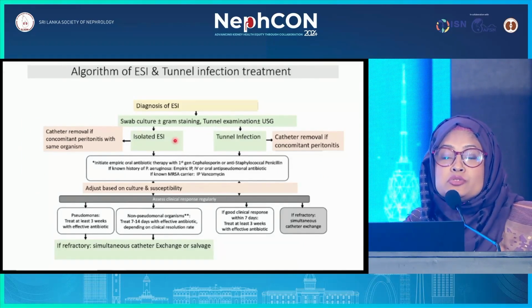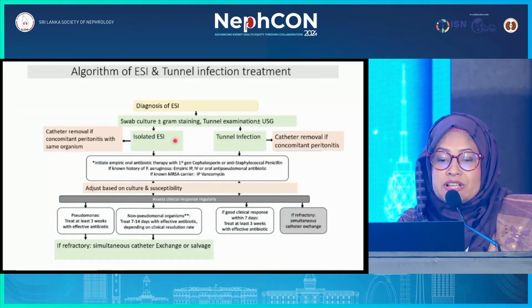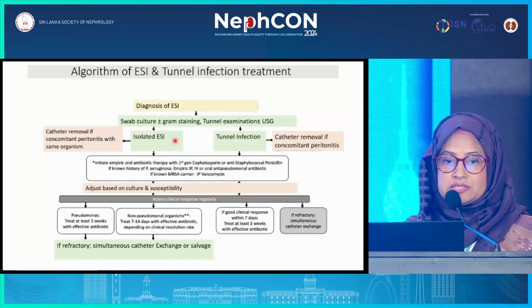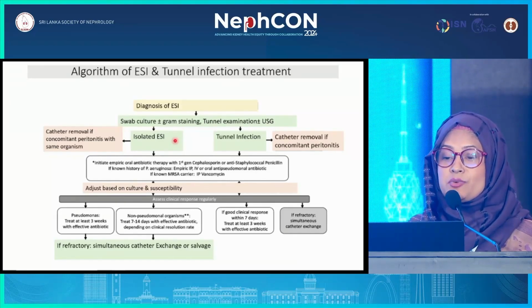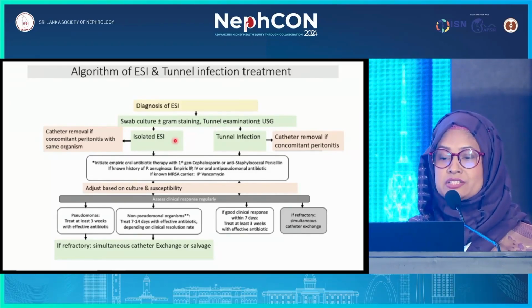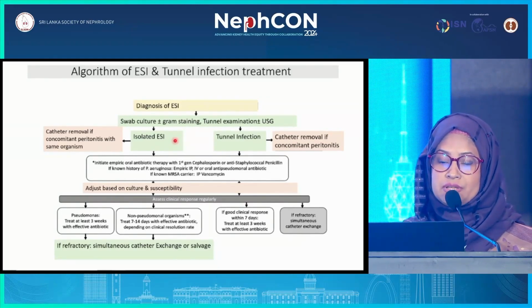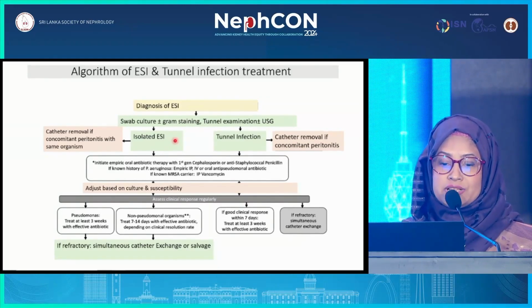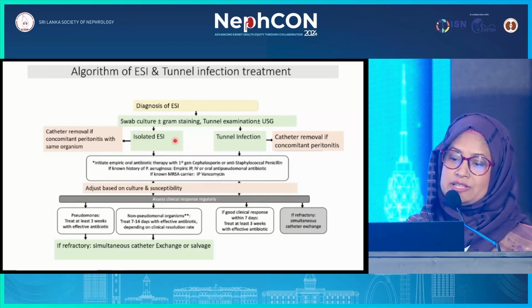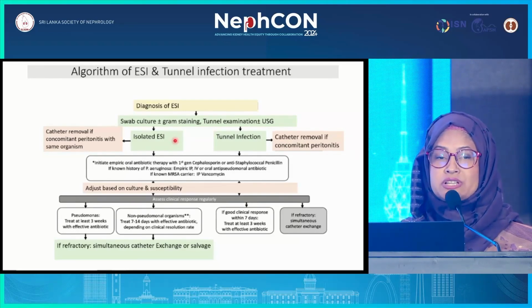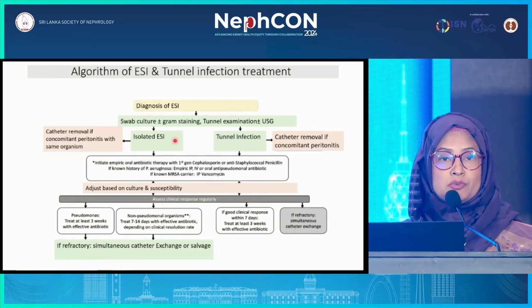So what will we do if we suspect any exit site infection? We need to send swab culture and Gram staining as early as possible, and also tunnel examination with or without ultrasonography. If it is associated with peritonitis with the same organism, or concomitant peritonitis with tunnel infection, then we need to remove the catheter.